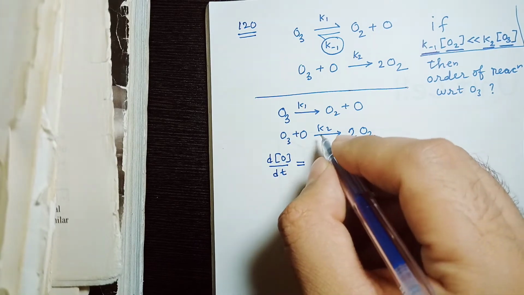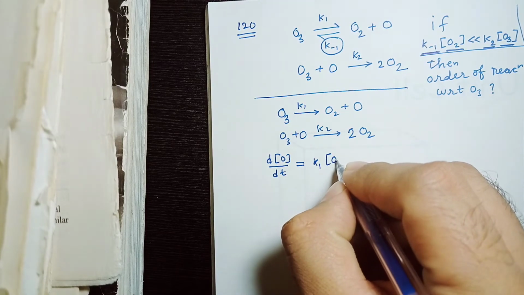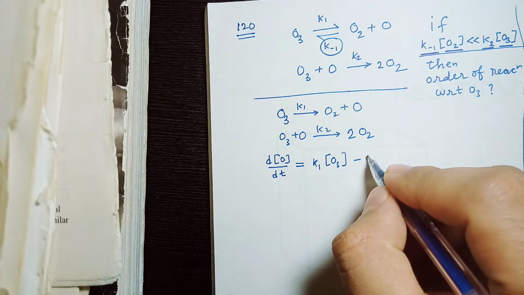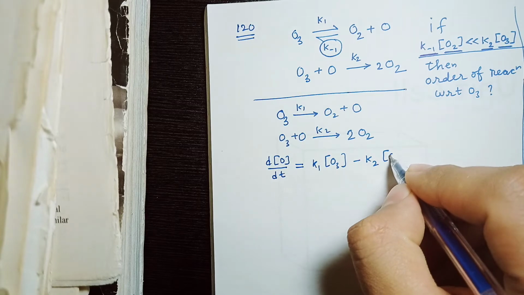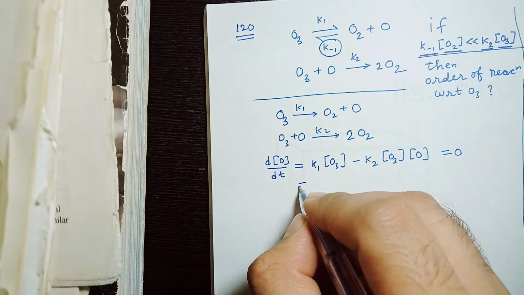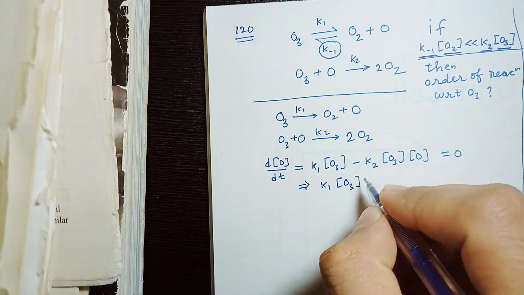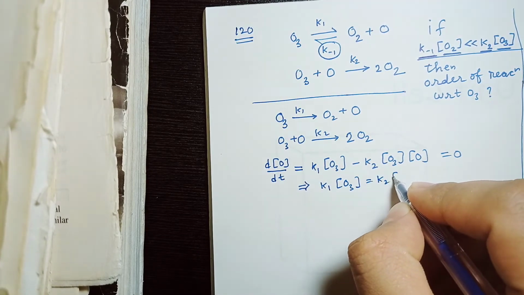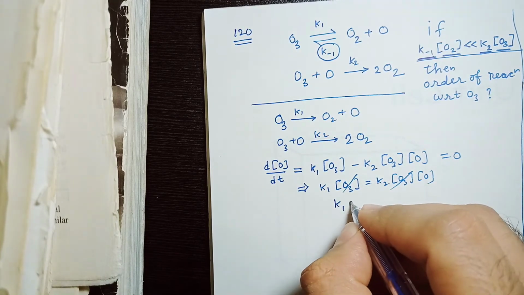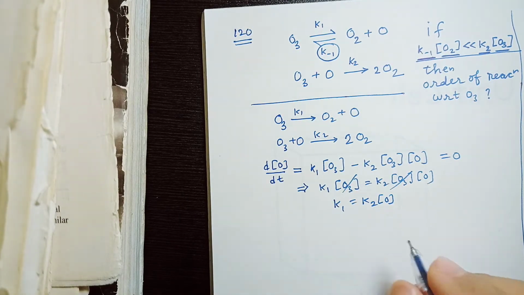So if we see this step, it is K1 O3, here it is getting produced and here it is getting used. So this is 0. So we get K1 O3 equal to K2 O3 O. So we get this relation: K2 O equal to K1.